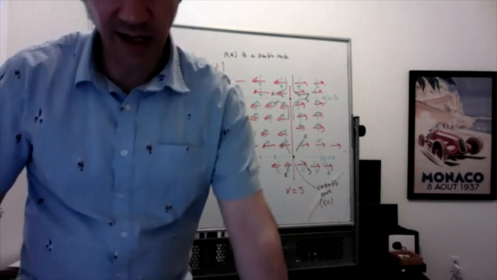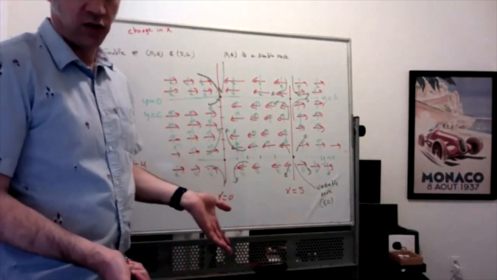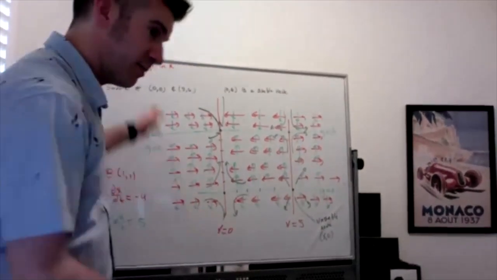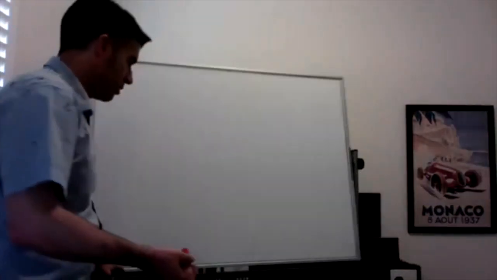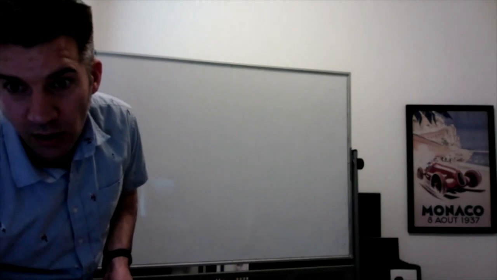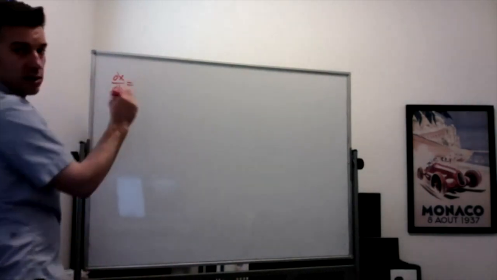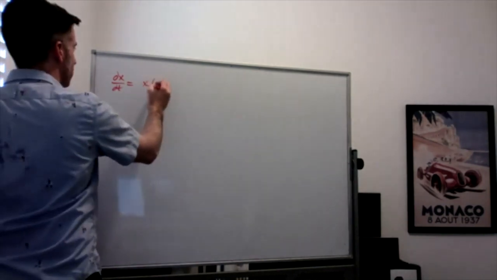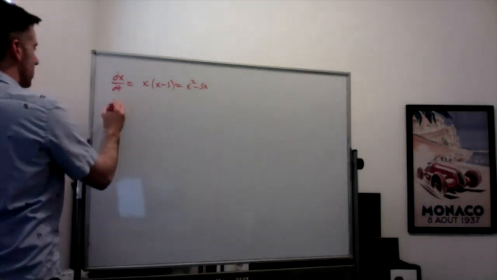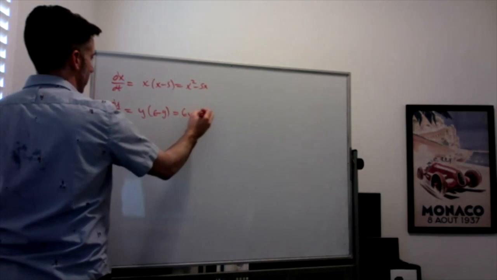So now what I would like to do is to actually look at the system of differential equations and find the Jacobian to see if we were correct in our assertions. So let me remind you of our equations. dx/dt equals x times (x minus 5), which is x squared minus 5x. dy/dt was y times (6 minus y), which is 6y minus y squared.